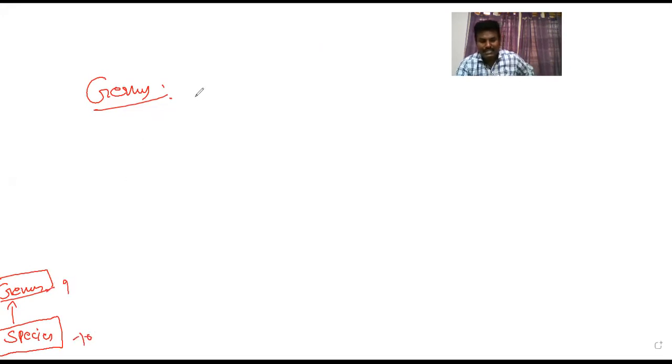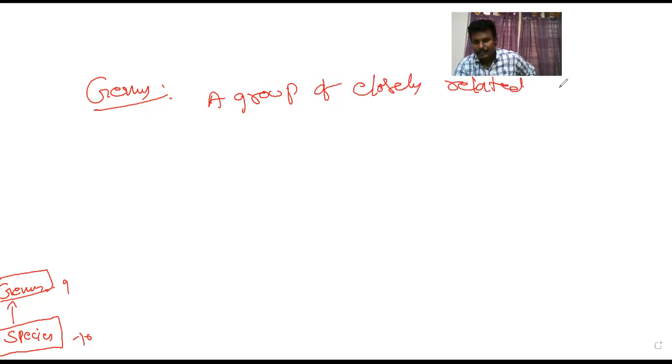So genus is a group of closely related species. The common features are called correlated characters. These may be very prominent and significant in living organisms.